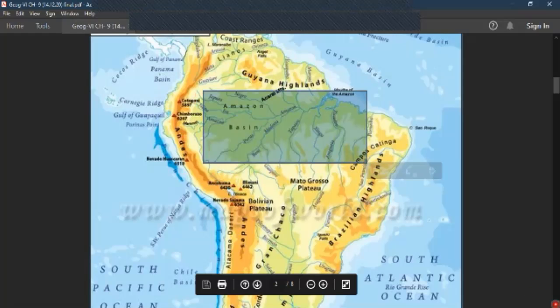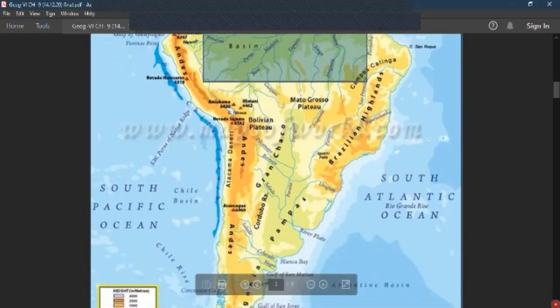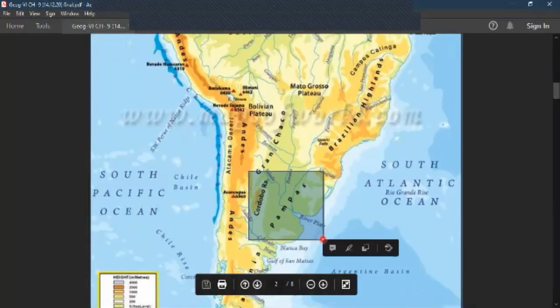Further south, the temperate grassy plains of Argentina are called pampas. Right?